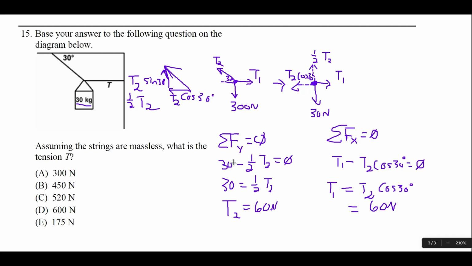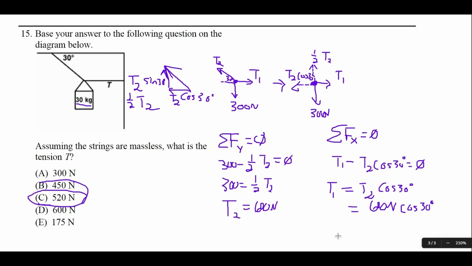Oh, sorry. I just realized I made a mistake. That's 300, 300, 600. I apologize. So 600 cosine 30 degrees, which gets me the answer 520. I knew something wasn't making much sense. 520. Right? Like I said, this one's a pretty tricky question.